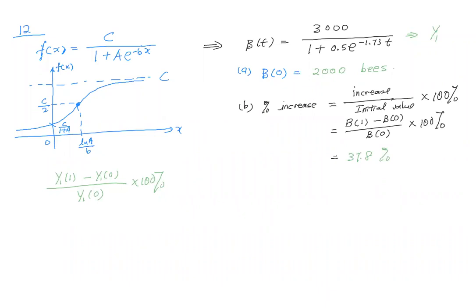So class, are you clear? Zafan, are you with us? Yes, Miss. Okay, Zafan, I would like you to tell me what is the answer for part C. If I ask you the question, is there a limiting to the population size? So how are you going to answer this type of question?